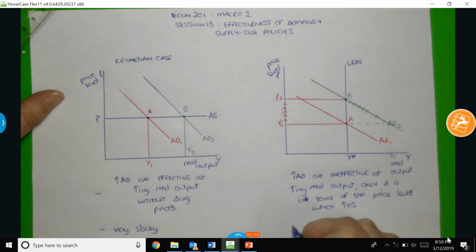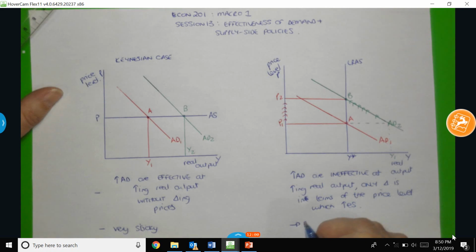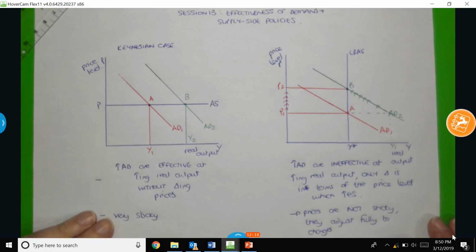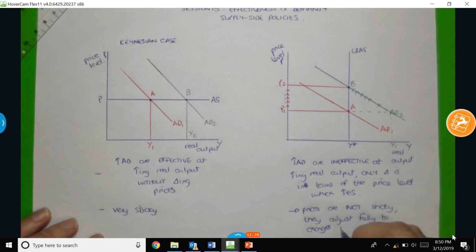And here, another way of thinking about it is to suggest that prices are not sticky because they adjust fully. They adjust fully to changes in aggregate demand.